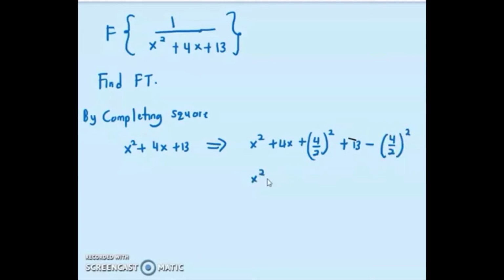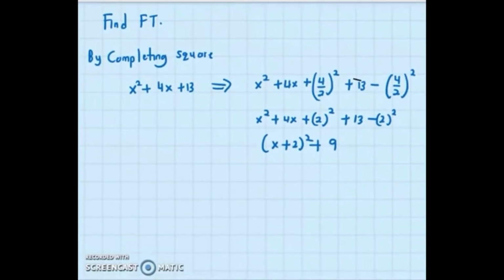So I have x squared plus 4x plus 2 squared, plus 13 minus 2 squared. That is x plus 2 squared plus 9. This is what we obtain by completing the square.